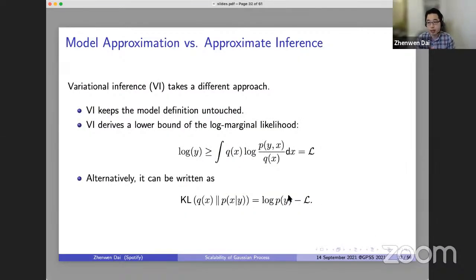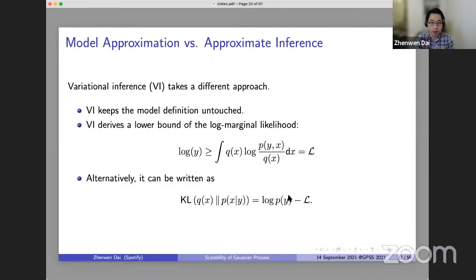And that leads us to talk about another approach related to pseudo data approximation, like the FITC approximation we've seen before. But instead of approximating or changing the model formulations this time, we try to keep the model formulation the same, but use a variational framework to approximate only the posterior formulations.